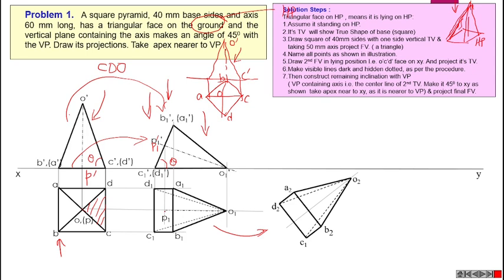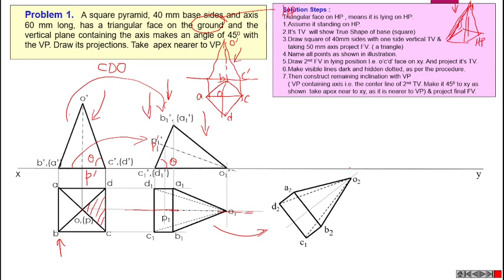Then the vertical plane containing the axis means here this straight line P1O1. This straight line is the vertical plane containing the axis, and that vertical plane must be inclined 45 degree with VP. That means we can rotate this entire figure like this.